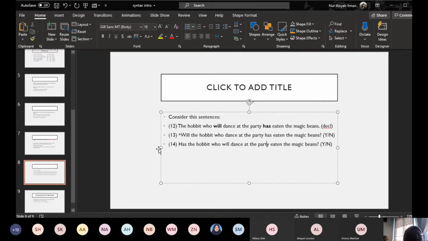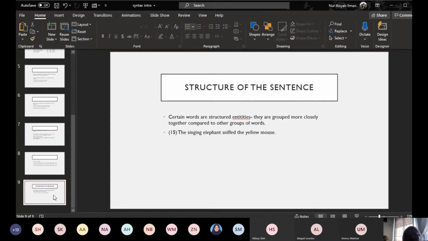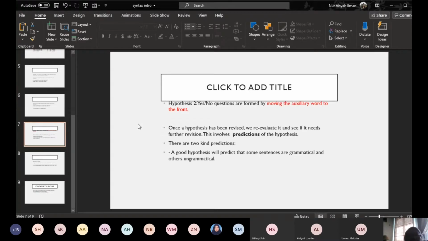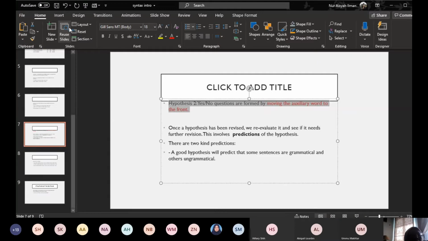So then we have to change our hypothesis. We have to say, whereas just now our hypothesis said this, now we have to do hypothesis 3.